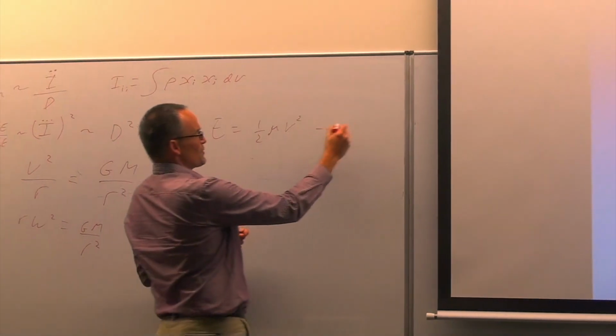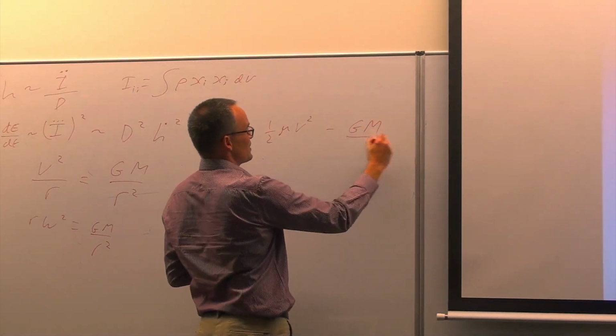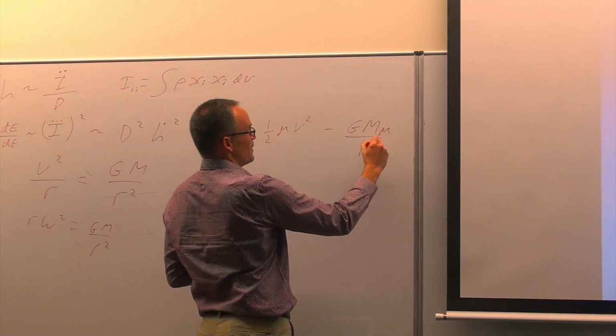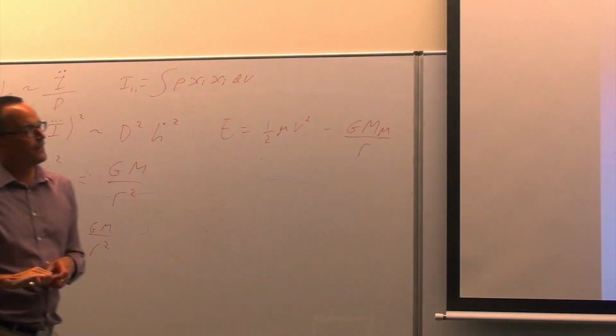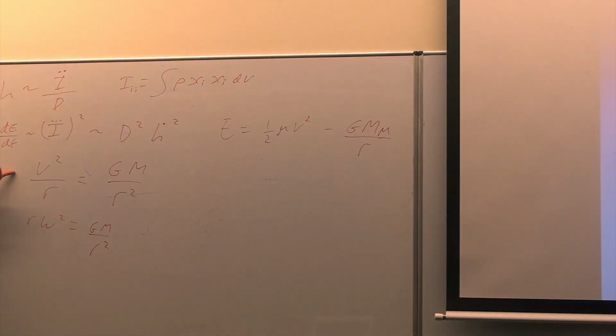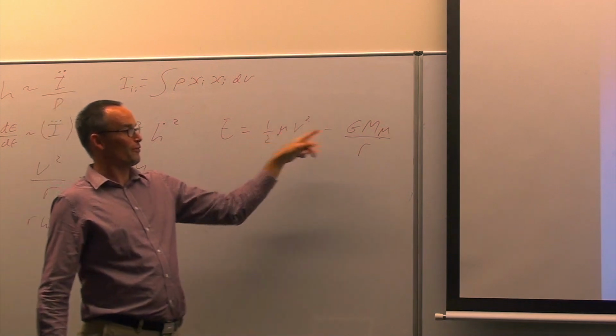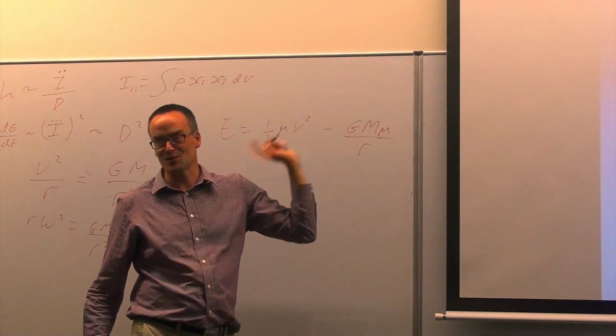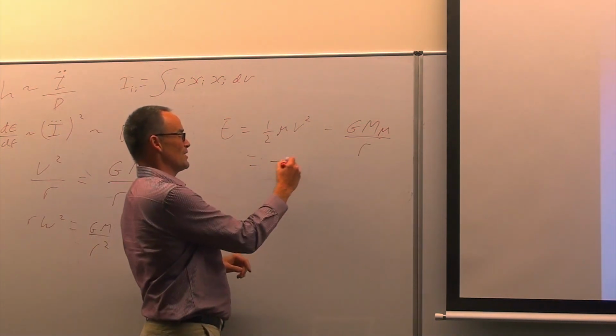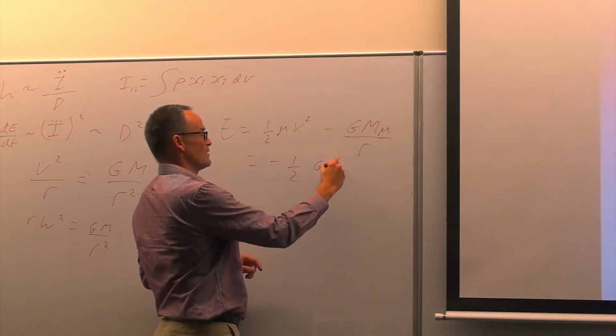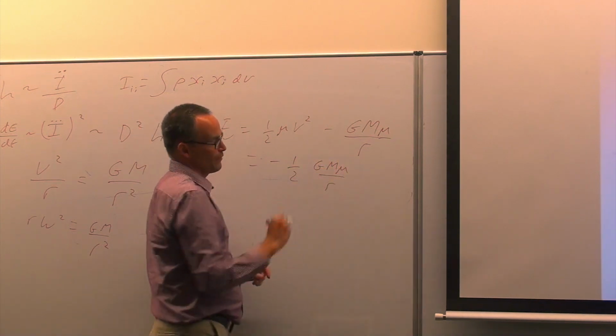And you also have a contribution from the gravitational potential, which is minus GM mu over r. Now, from this same equation, v squared is equal to GM over r. So you've got a half GM mu over r minus GM mu over r. So the total energy is just minus a half GM mu over r.